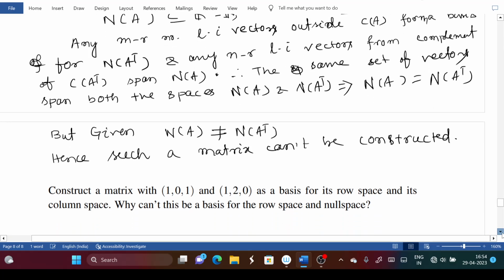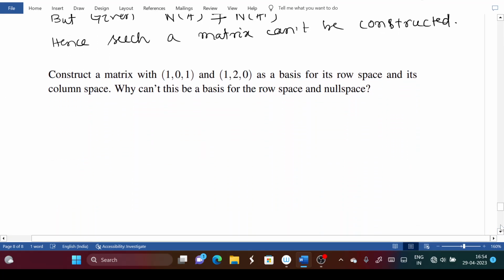Okay. Next, construct a matrix with basis this, basis for row space as well as column space. Here, as it is a matrix having same basis for row space and column space, that means if I will take a symmetric matrix, then I will get its row space is equal to column space. So what I will do, I will write a matrix using these vectors as symmetric matrix, that is 1 0 1 1 2 0.